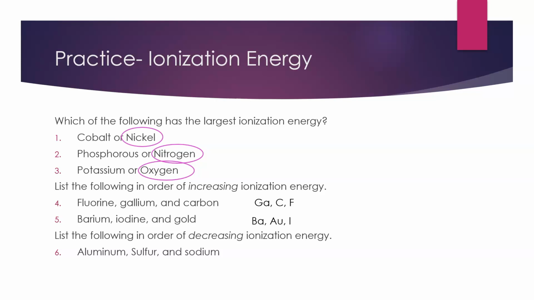Then last we had aluminum, sulfur, and sodium, where sulfur would have had the highest ionization energy of that group, aluminum has the middle, and then sodium has the lowest ionization energy of that group, putting them in decreasing ionization energy. How'd you do? If you did good, let's keep going. If you didn't, go back and review ionization energy again.